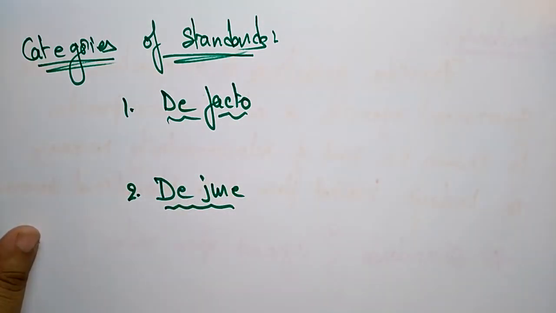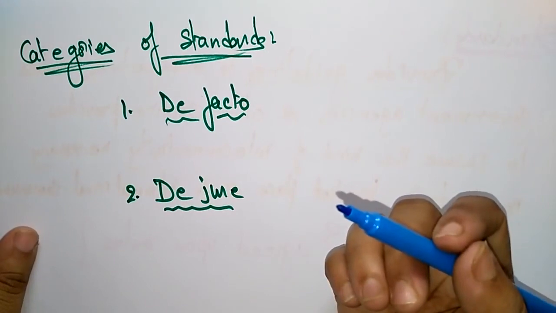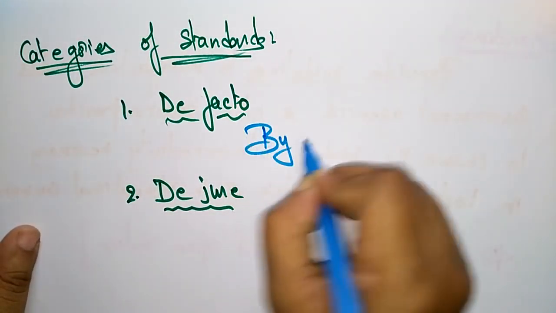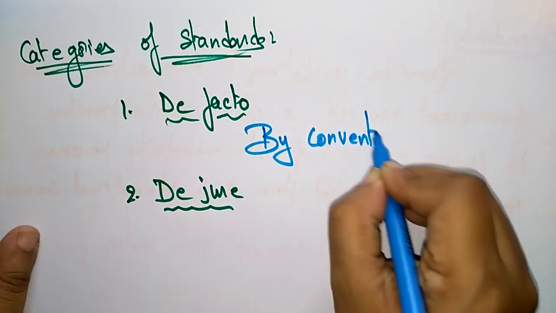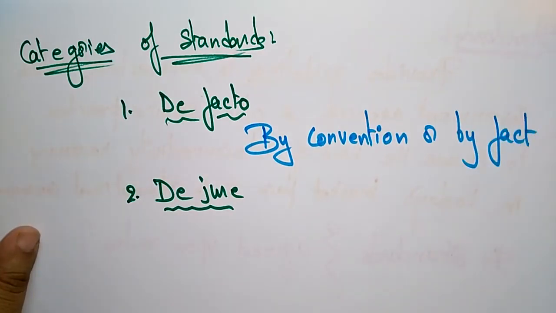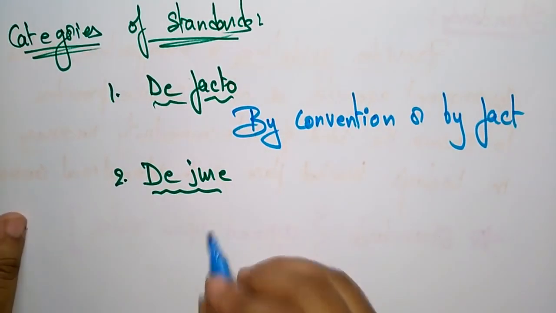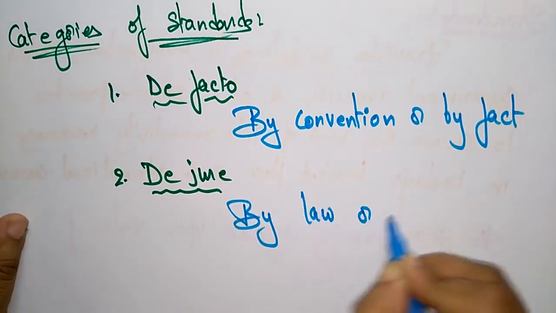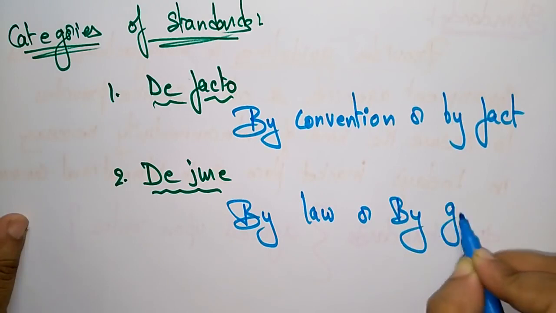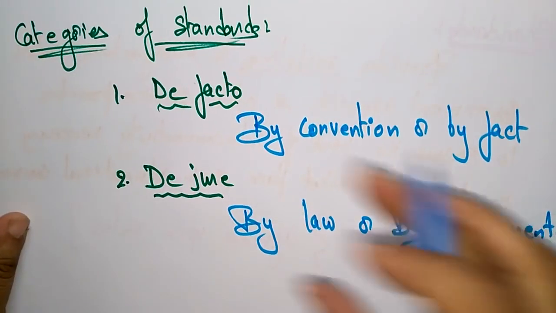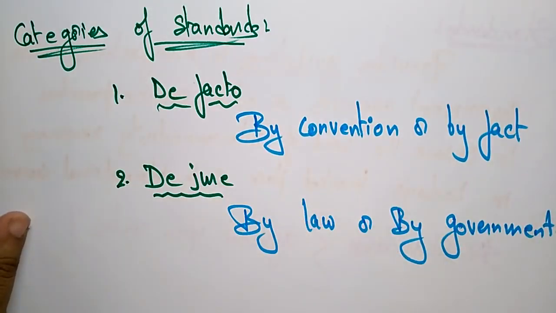The de facto is by convention or by fact, and de jure is by law or by government. So these are the two categories of standards, de facto and de jure. A standard is nothing but agreed upon rules.